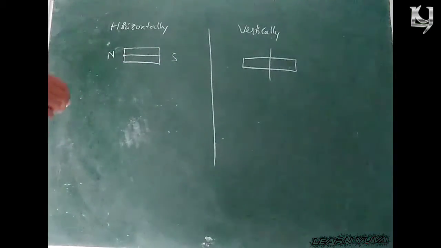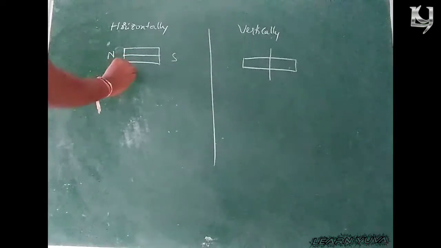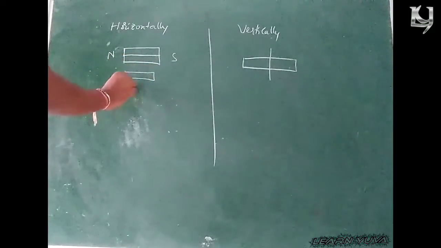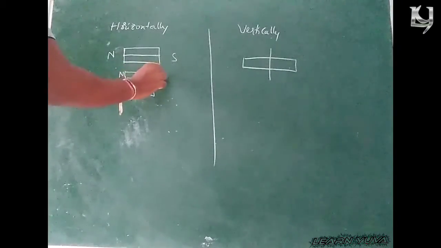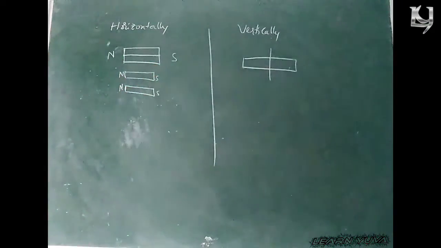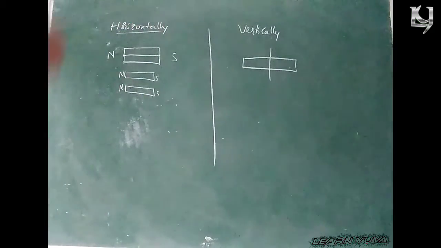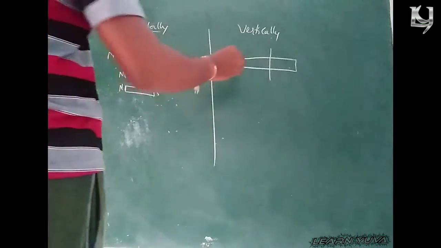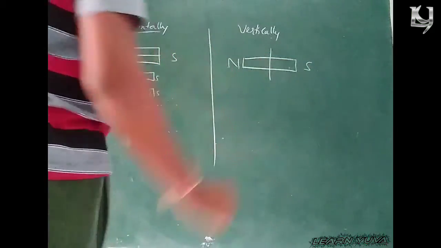Even if we cut it into two pieces, each piece also has a north pole and a south pole. That is for the horizontal cut.